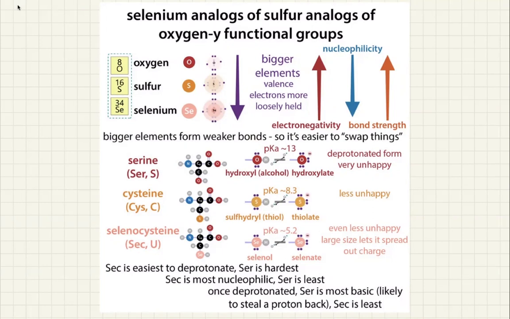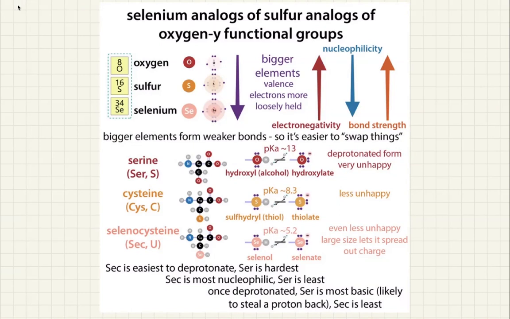And when it's deprotonated, it's more likely than that hydroxyl group to act as a nucleophile because of the caging effect. So remember that it's going to be less hidden. It's going to have those electrons more loosely held, and they are going to be more reactive, and less hidden by the waters.